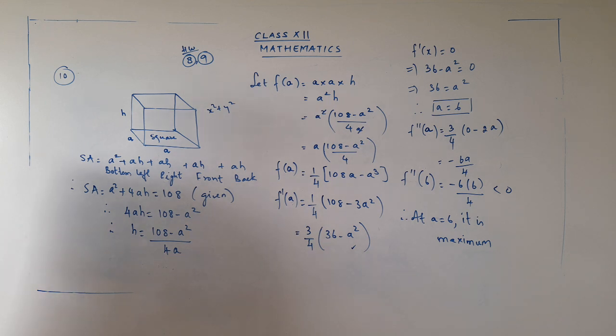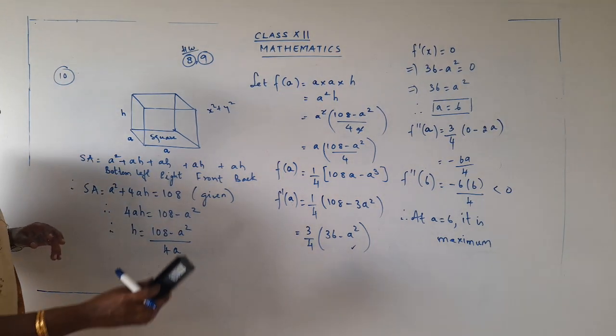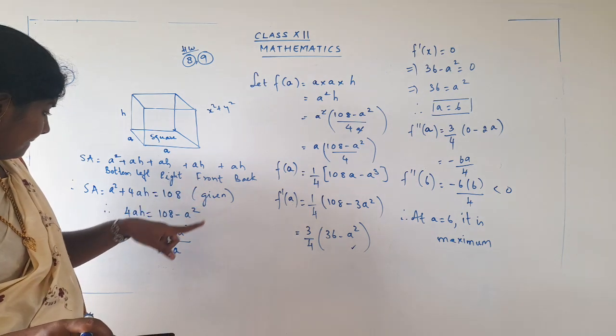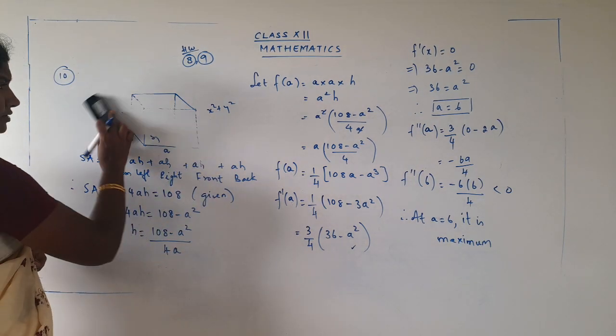So we have completed the maximum part. That is, we have found that the answer is less than 0. So it is maximum. So now one more thing we have to find out is the value for h. So we can find out the value for h by using this formula right out here.